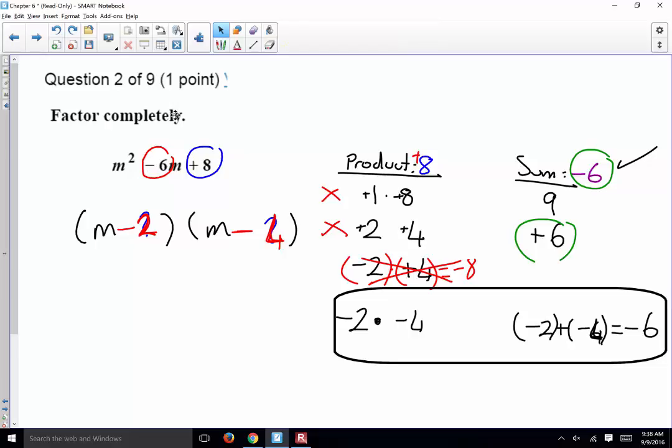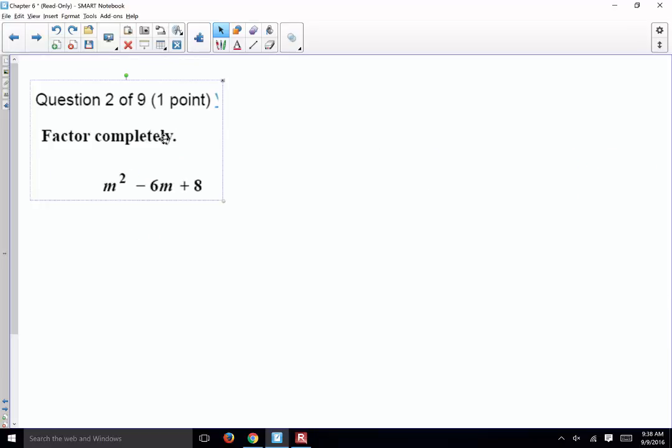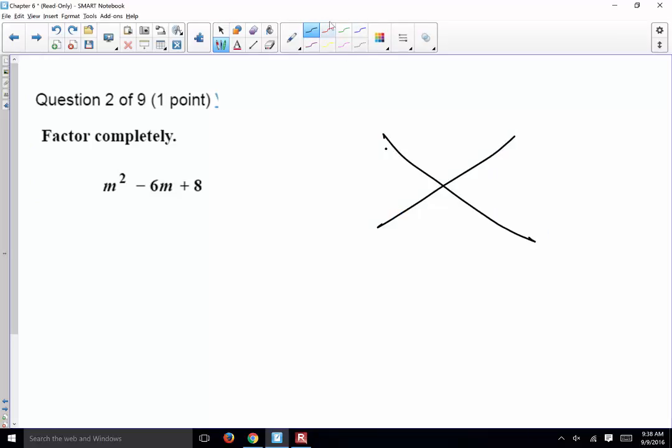Okay. I want to show you another notation. Some people like to do these questions with this method. They put a cross. They put this number down here, this number up here.